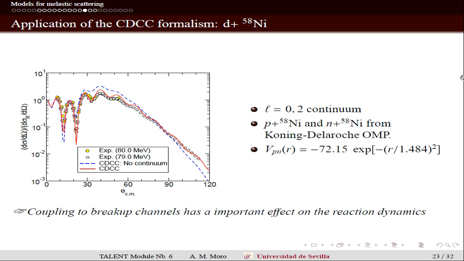Actually, this afternoon you will try a calculation of this kind. This is the proton-neutron interaction that was used, which is actually the same one that you will use. So this afternoon you should be able to reproduce the red line here. The message is, as we expected, now that we have put the continuum explicitly, we describe the data pretty well. So we convince ourselves that the continuum plays a very important role in the scattering of weakly bound systems, even for elastic scattering, not only if we are interested in describing breakup of the system.